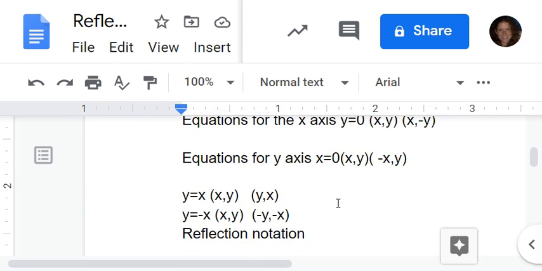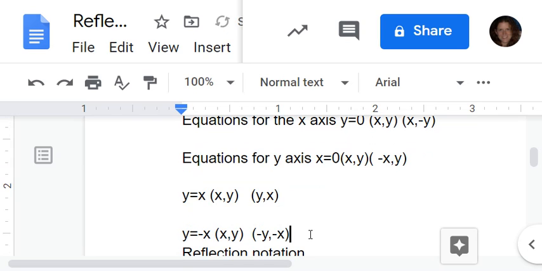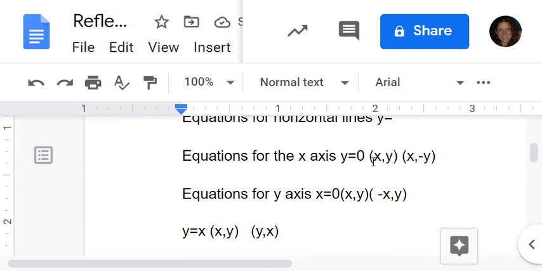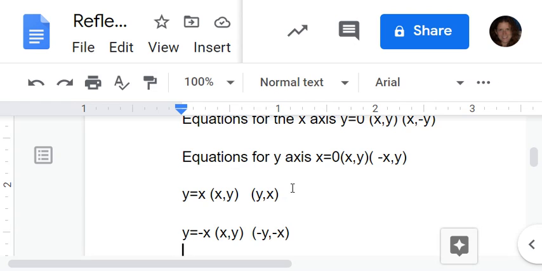These four formulas right here: for the x-axis, we go from x comma y to x comma negative y; for the y-axis, x comma y to negative x comma y; y equals x goes from x comma y to y comma x; and y equals negative x goes from x comma y to negative y comma negative x. Those are the ones that are important. The rest you can just count when it's from a specific line.